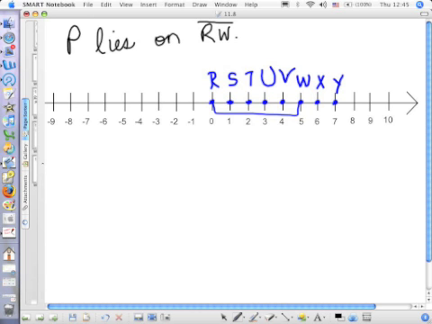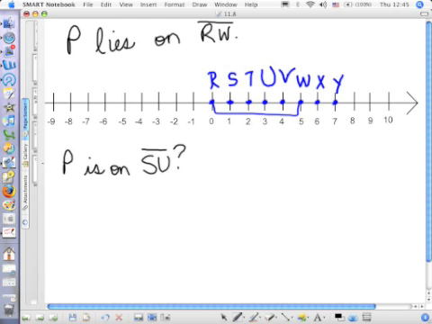Okay? So don't get that confused. What is the probability that point P is on segment SU? 2 to 5.